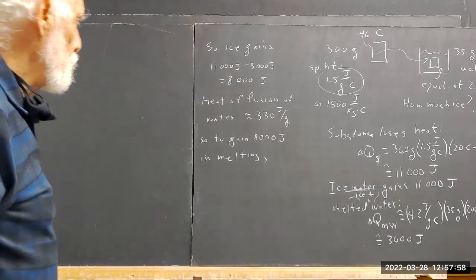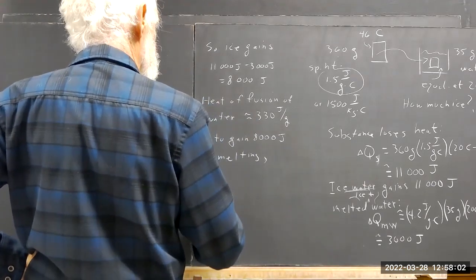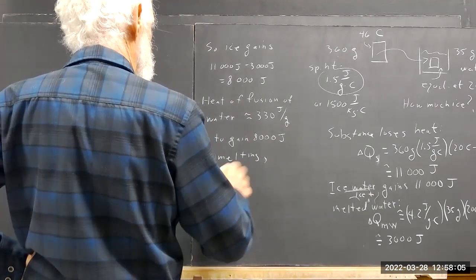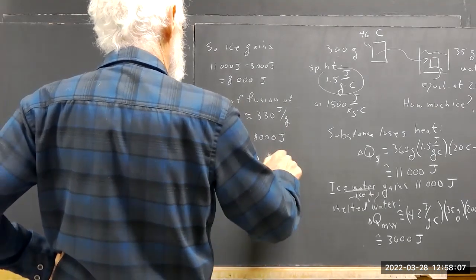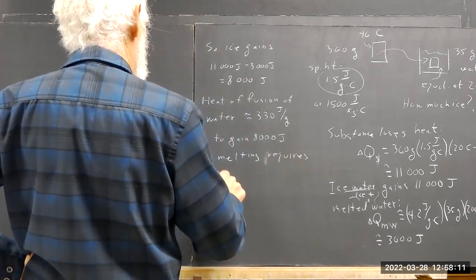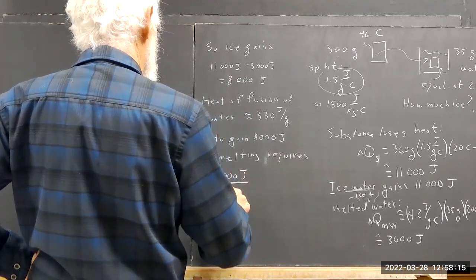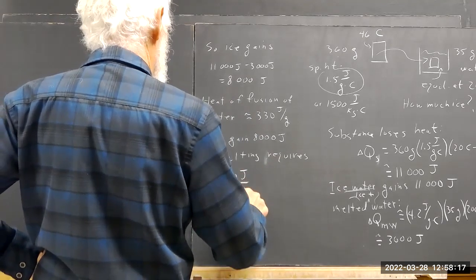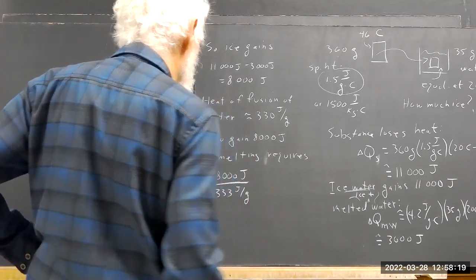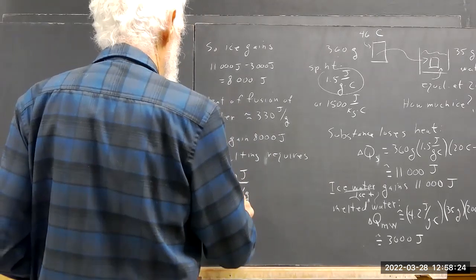So to gain 8,000 joules in melting requires 8,000 joules, for water is gaining at 330 joules per gram.